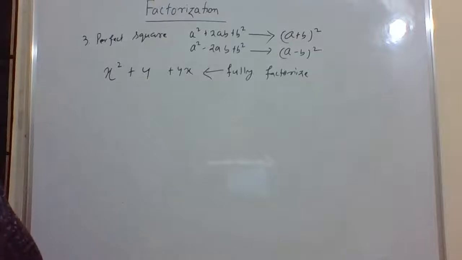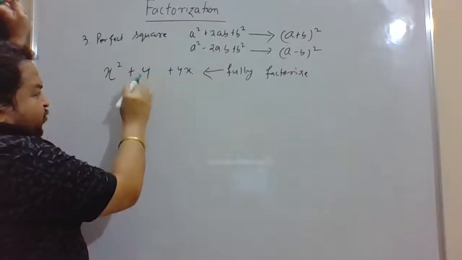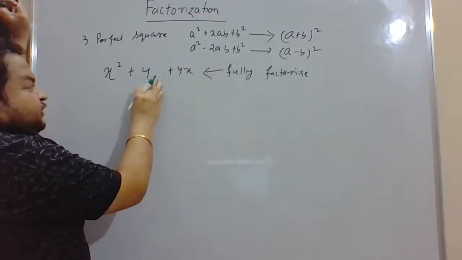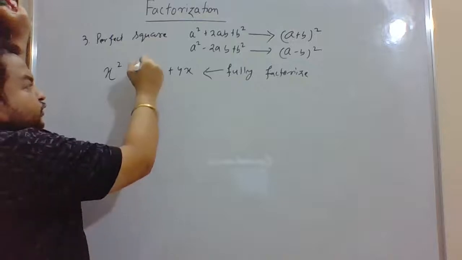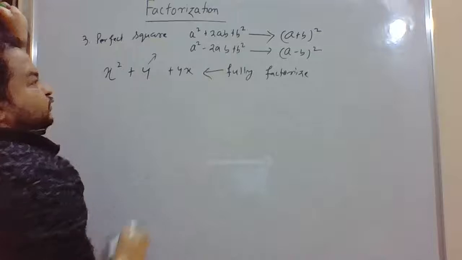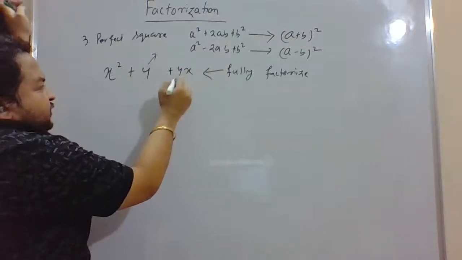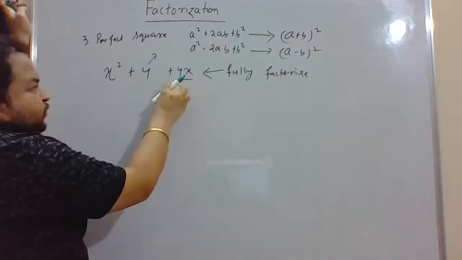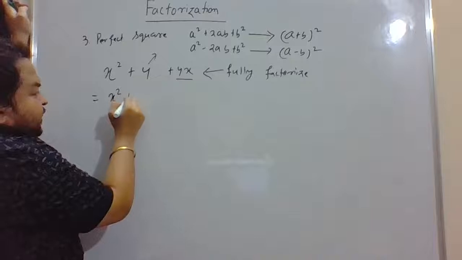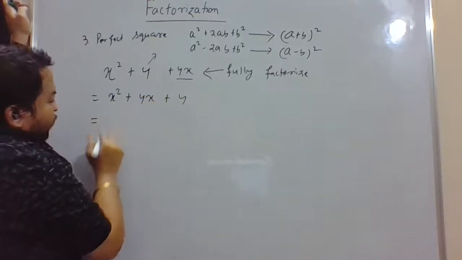Try to do one thing: if you have any term where x to the power is 0, try to use that as one of your major variables, that is a square or b square, and use the other term as the middle term. So this can be rewritten as x squared plus 4x plus 4.